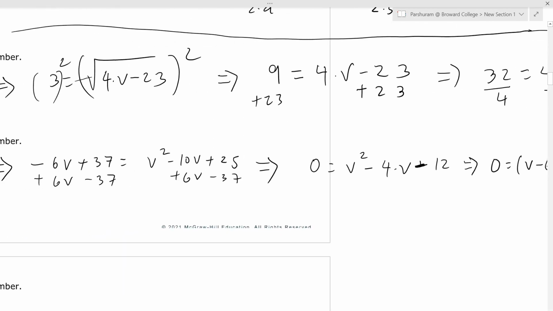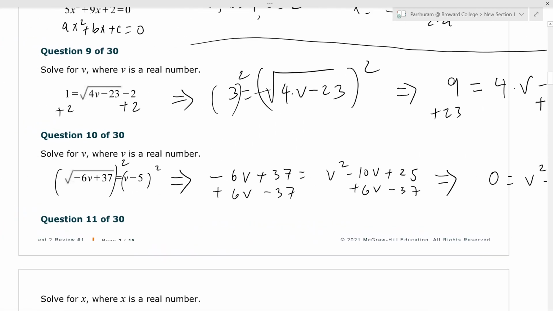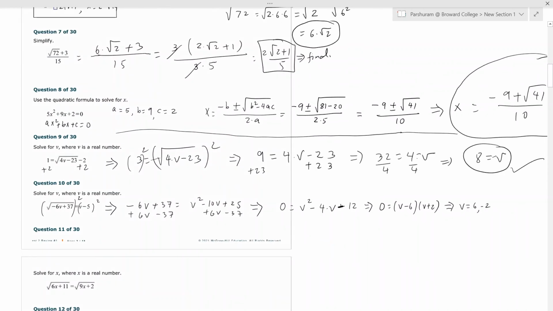But keep in mind, whenever we are trying to solve this kind of radical equation, we always have to check whether both of them are possible solutions or not. To check that, just substitute the value of v, whatever we got here, in the given radical, and inside the radical, keep in mind that should always be non-negative.